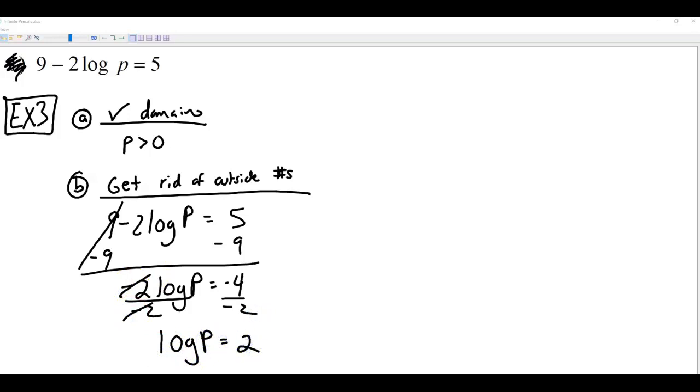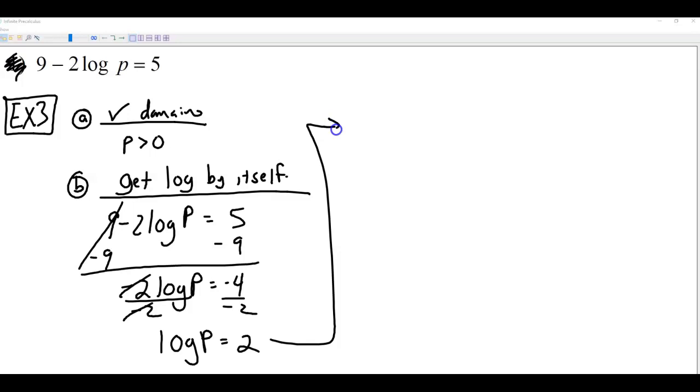Okay? Once you have the log by itself, I guess another way that I'd probably like to word this is instead of get rid of the outside numbers, let's say get the log by itself. I like that better. Get log by itself. In other words, that still means the same thing though. Get rid of the 9 and the 2.